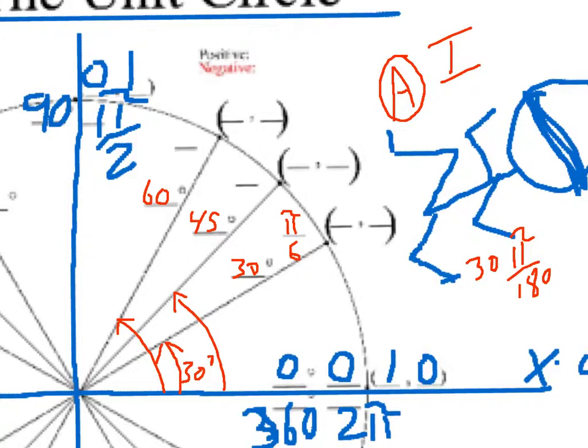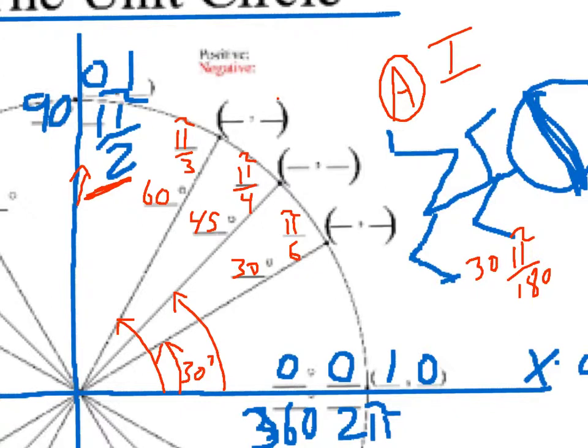And 60 times pi over 180 becomes pi over 3. And 45 becomes pi over 4. And that might make sense to you because pi over 2 is right up here, and that's 90, so pi over 4 would be pi over 2 times half.